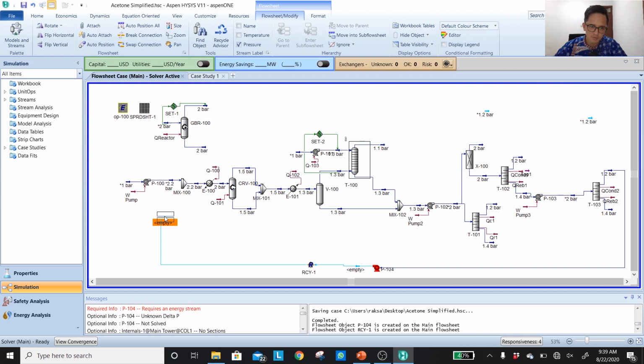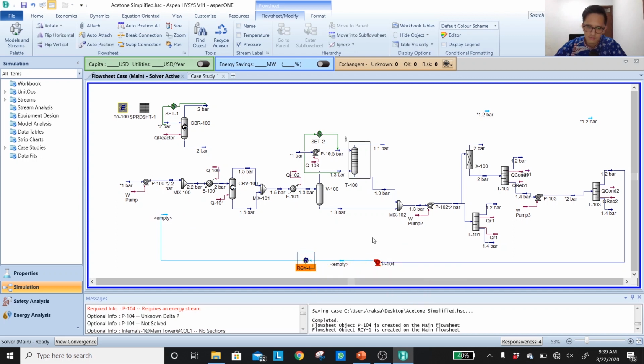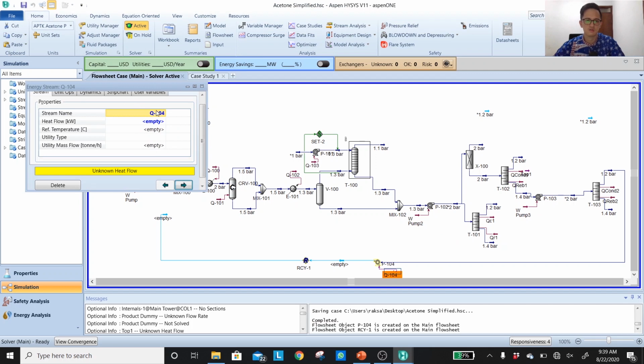I leave it at that point for now. Okay, add the energy stream. If you want to change the name to be consistent, we have work pump, so I guess we have to be consistent. Work pump 4.